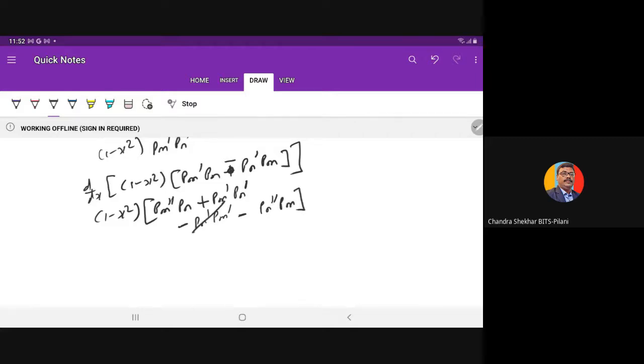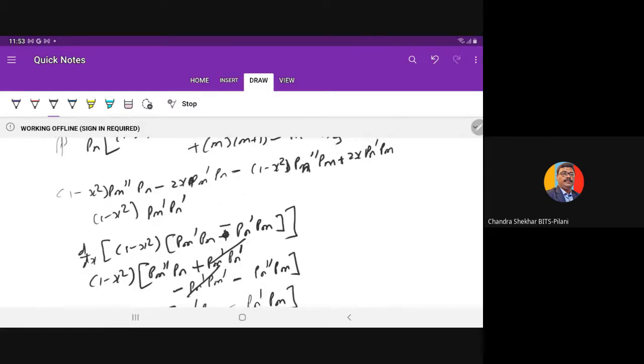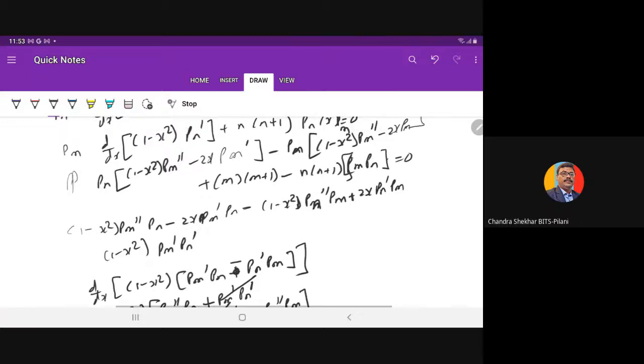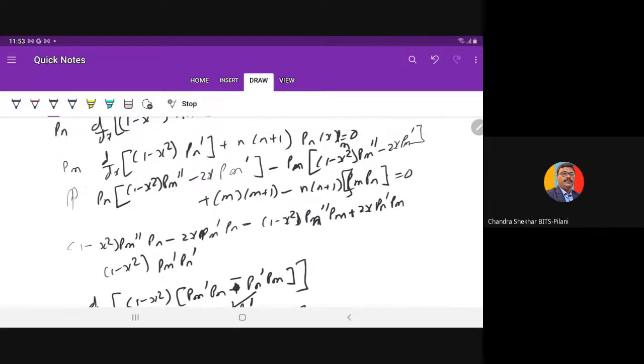So this expression will cancel out, and whatever term we have, from here we have minus 2x into (Pm dash Pn minus Pn dash Pm). The same thing you are getting by the subtraction.